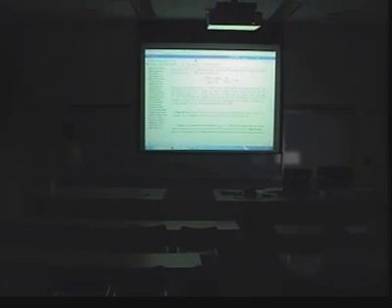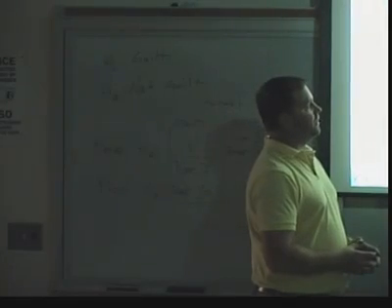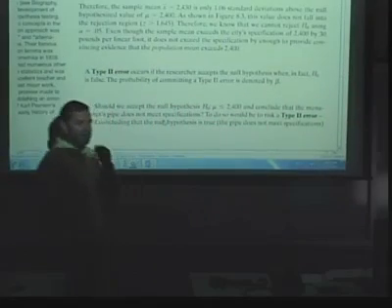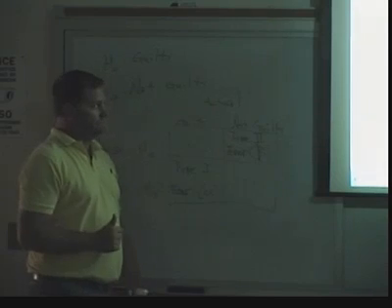The probability of committing a type 2 error is denoted by beta. It's got the little tail on the B. That's the probability of type 2 error.